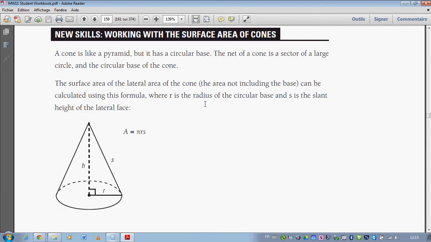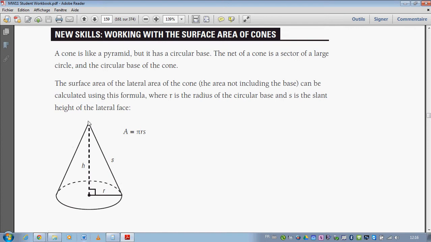Now, moving on to working with the surface area of cones, the total surface area of a cone is defined as being its base area, which in this situation is pi r squared, because it's a circle, plus its lateral area, which is defined as being pi times r times s, where s, once again, corresponds with the slant length.